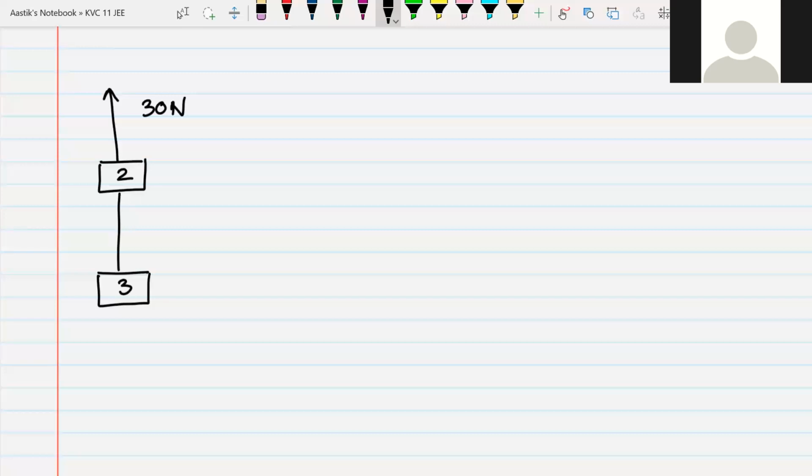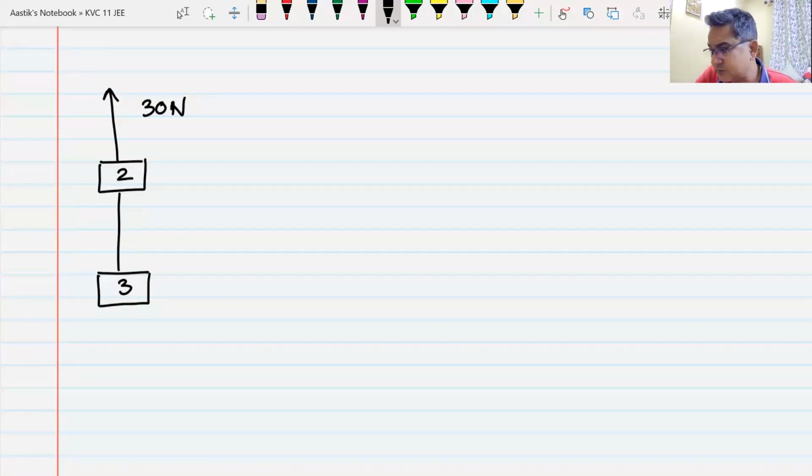Upwards or downwards? Downwards. What is the tension between the two blocks? 18 newtons, sir. 18 newtons. Okay.